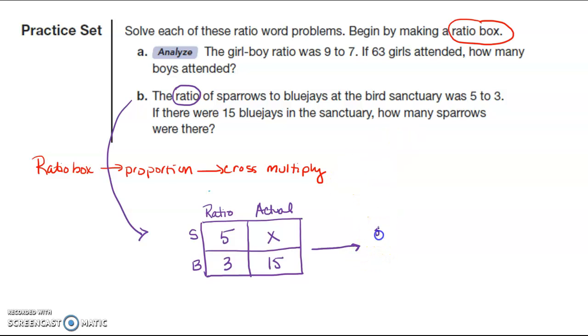So our proportion is going to be 5/3 is equal to X over 15. And then we'll do our cross multiply. So we'll cross multiply 3X, bring our equals down, and then we're going to cross multiply 5 times 15. Let's go ahead and multiply 5 times 15. We haven't done anything with the 3X yet.